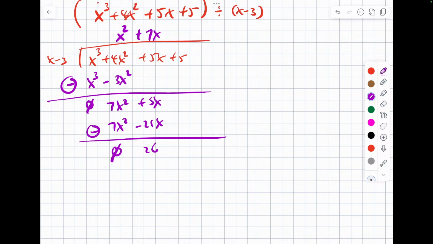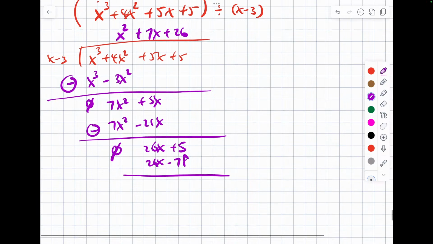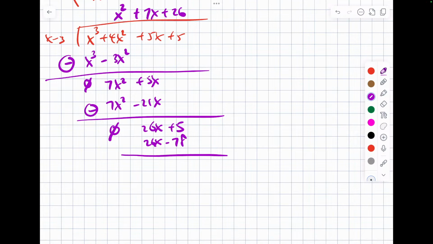This will become 26x plus 5. Is that okay? And we're gonna plus 26, so it'll be 26x minus 78. So that will end up to be 82. Is that okay? Oh, 83. Sorry, 83. So it'll be x squared plus 7x plus 26, plus 83 over x minus 3.